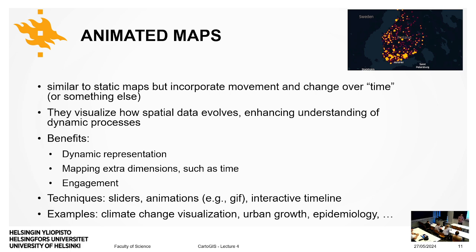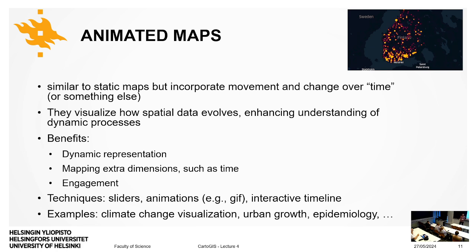If you're visualizing something related to a mountain, how does the distribution of that something change from the bottom of the mountain all the way to the peak? We can think of a number of things that can be shown in an animation, but usually it's time, and we're going to work with that this week. The idea is to visualize how spatial data evolves or changes.